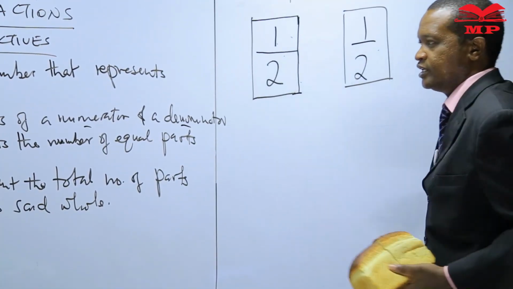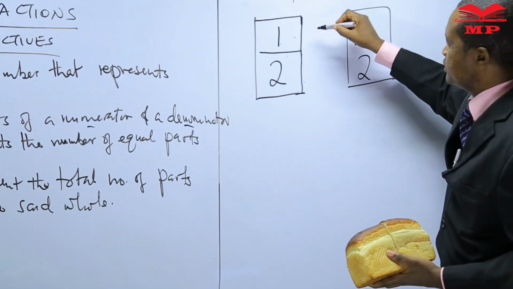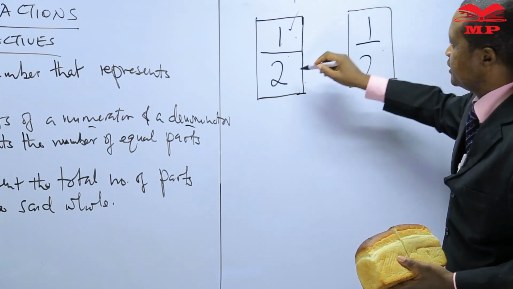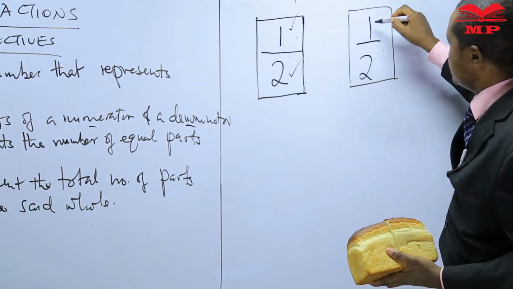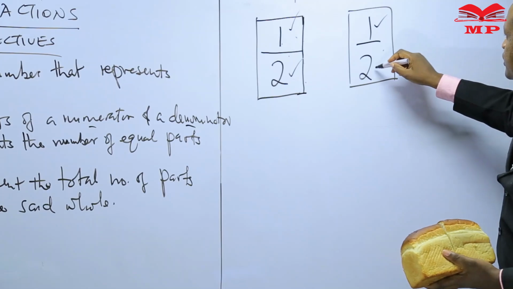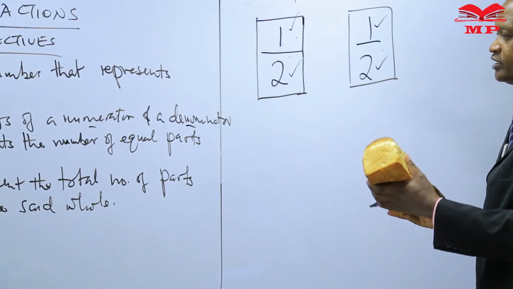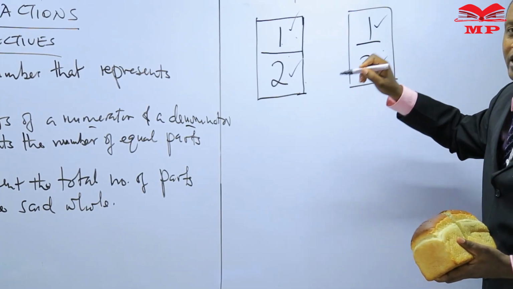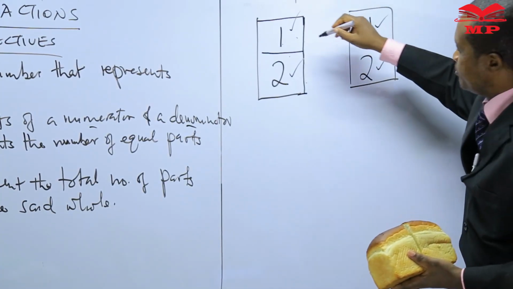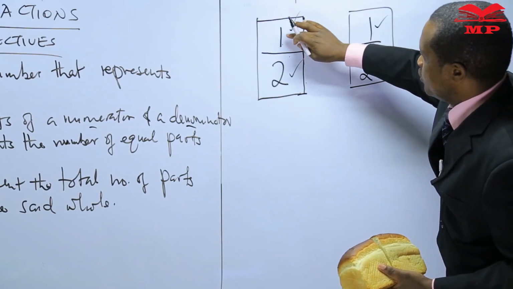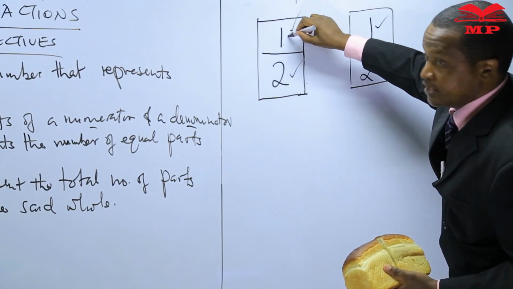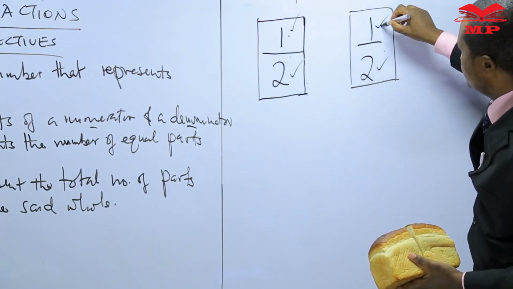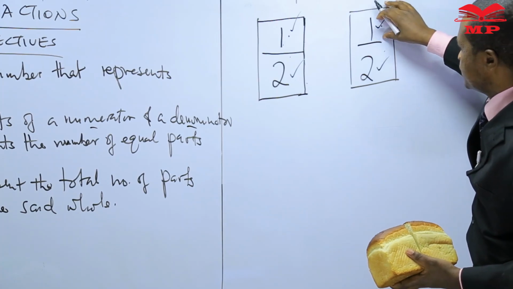We have gone further and said that a fraction consists of a numerator, this is the numerator, and a denominator, this is the denominator. A numerator represents the number of equal parts of the whole. So this one is the numerator for the first fraction. This one again is the numerator for the second fraction.